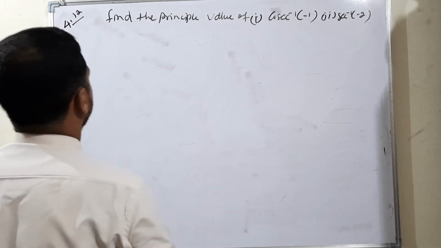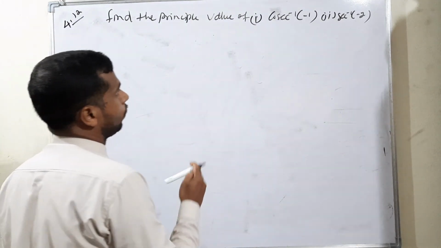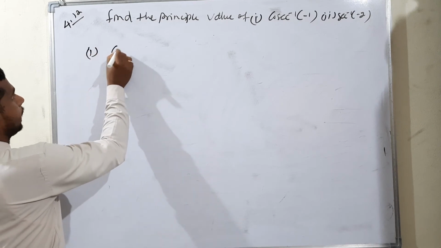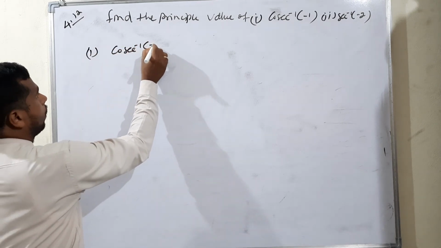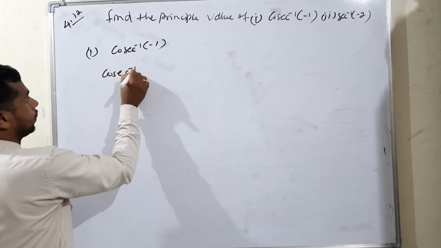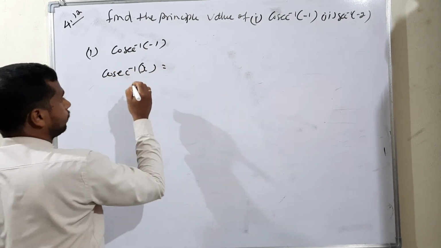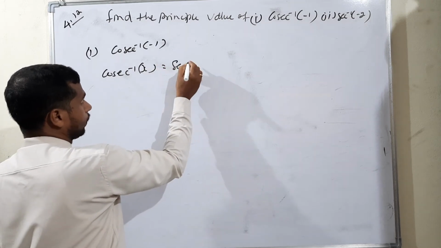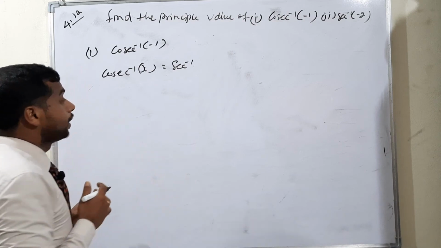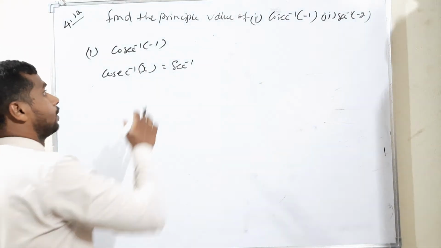Moving to example 4.12, find the principal value of the following. Subdivision 1 is actually cosecant inverse of minus 1. Normally cosecant inverse of x is equal to, cosecant means reciprocal of sine, isn't it?